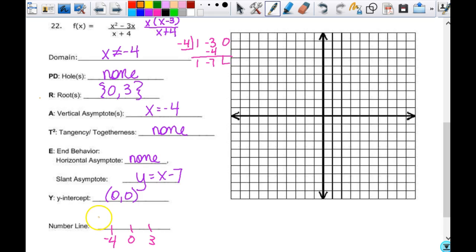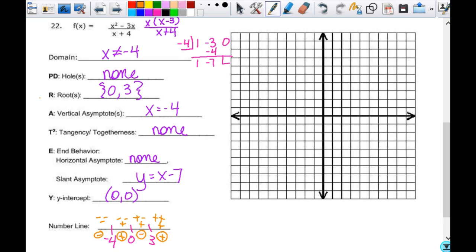I'm going to get negative, negative, negative, which means overall that's negative. And then between here, let me use a negative 1, so I'd have negative, negative, positive, which is positive. 1 is going to give me positive, negative, positive, which is negative. 4 gives positive, positive, positive.